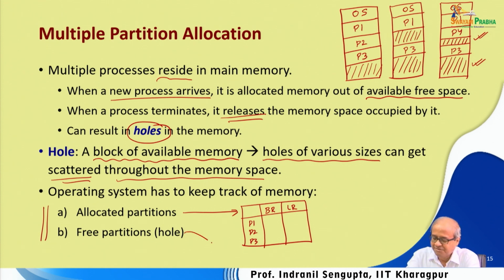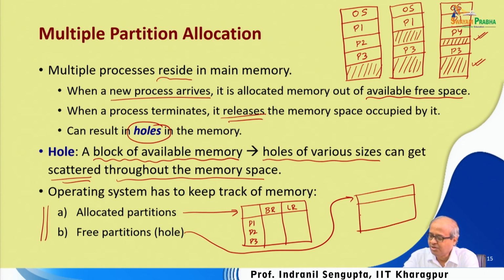Similarly, for the free partitions or holes, it can maintain another table: all the holes, starting address, size. So, hole 1, hole 2 and so on, it will maintain information. Basically, the operating system has to maintain a number of such tables.